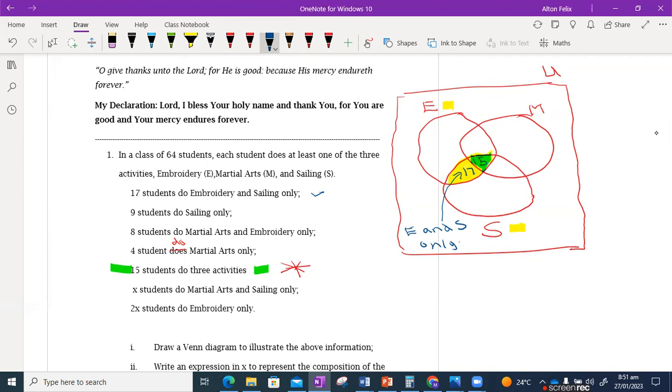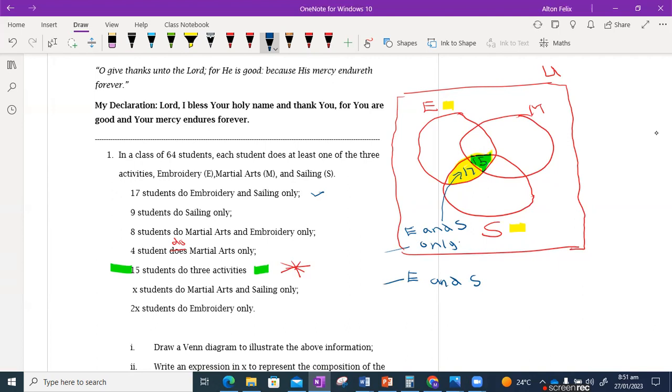The word only is important. If it was stated, and maybe I can ask it in the form of a question, how many students do embroidery and sailing? So there's a difference between embroidery and sailing only and embroidery and sailing. Embroidery and sailing will be the entire region shaded in yellow, including the 15.